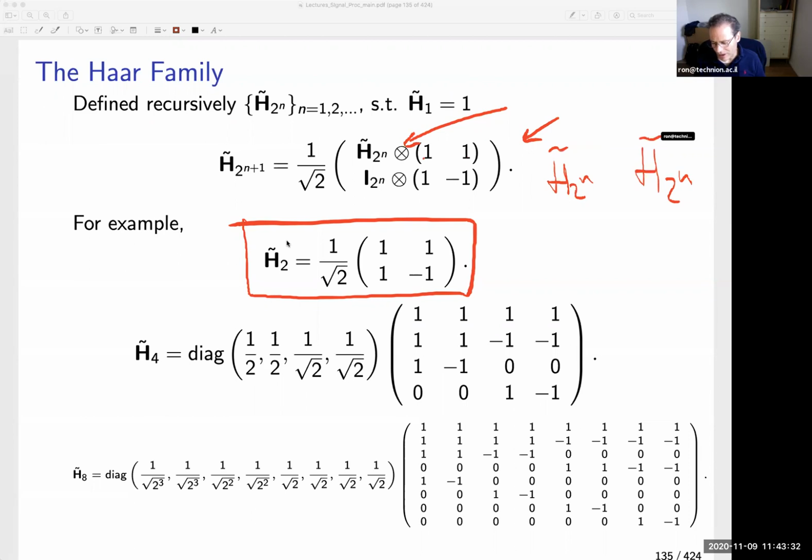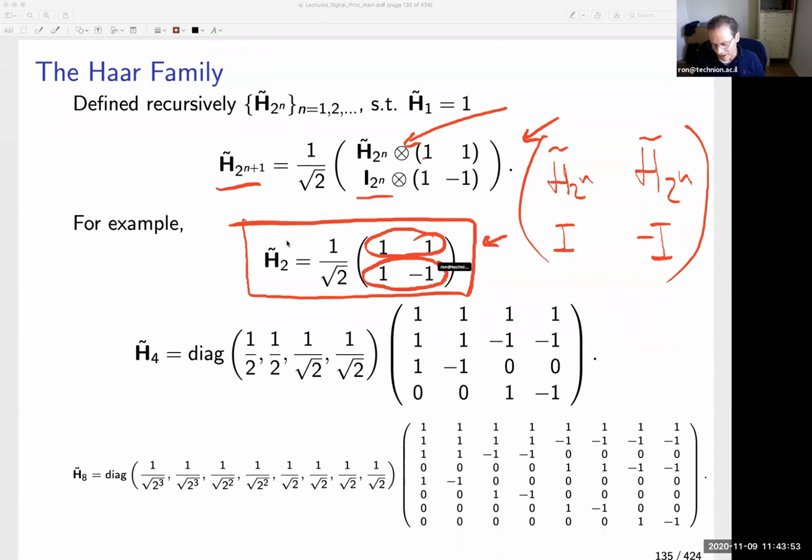And here it should be identity times 1, minus 1. So here there should be identity, and here there should be minus identity. This is how you construct the next level of my Haar family. Now, how would the Haar family look like? This is how the first one looked like. The first one would take the standard basis and would reduce the average. The next one would be the diff. This is really what we like.